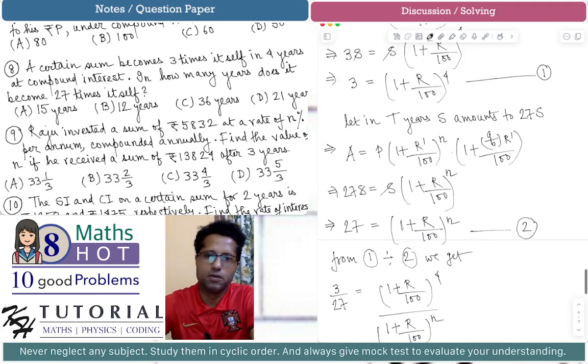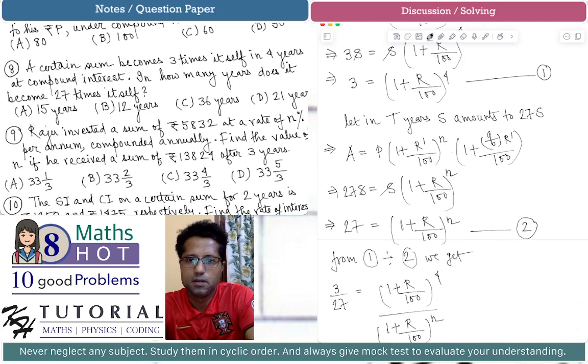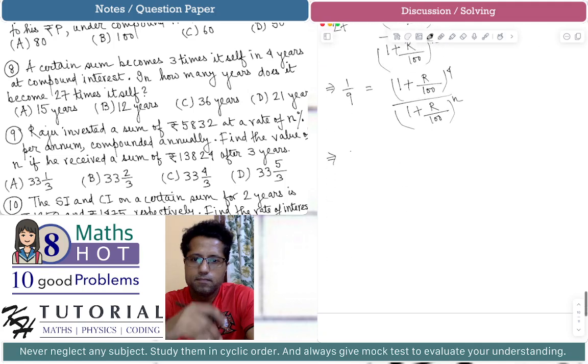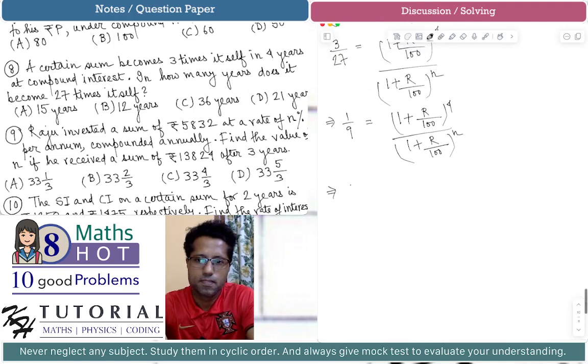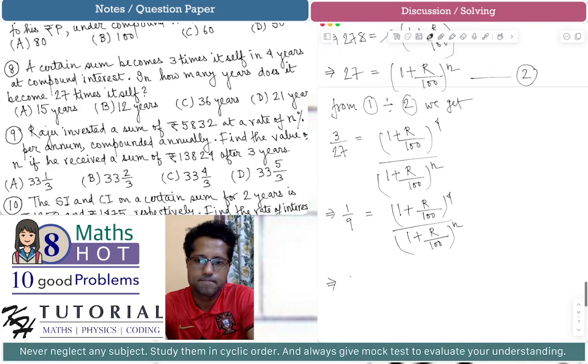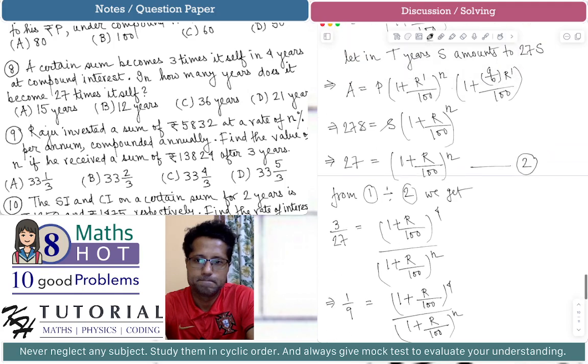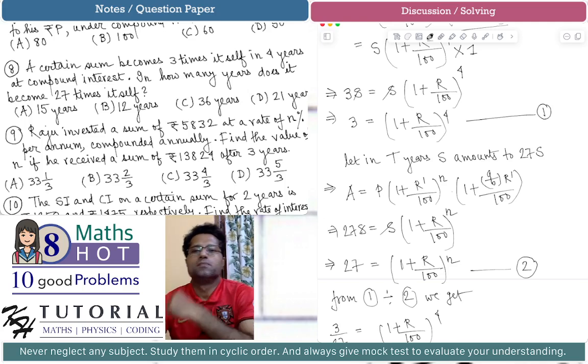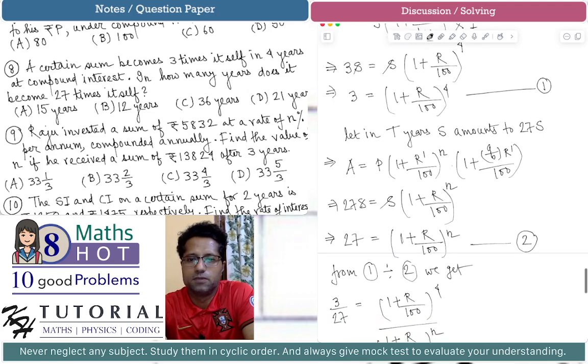Okay, so from equation 1, we have 3 equals (1 + r/100)^4.